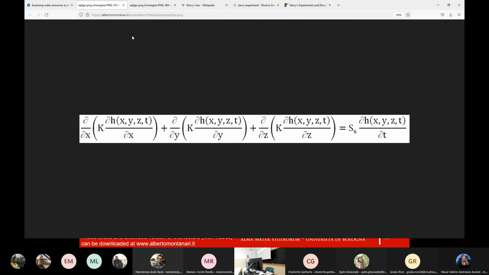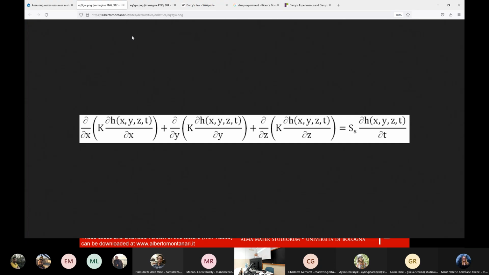It's the hydraulic head, in three directions, plus time, depending on the volumetric specific storage SS, which is a fundamental property that I needed to introduce to remove storage from there. Hydraulic head is something that I can measure on the field.